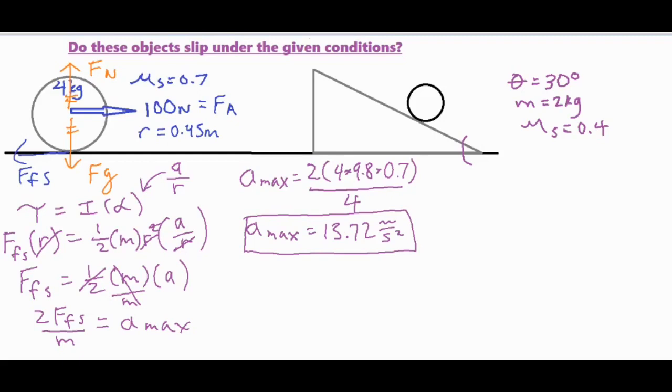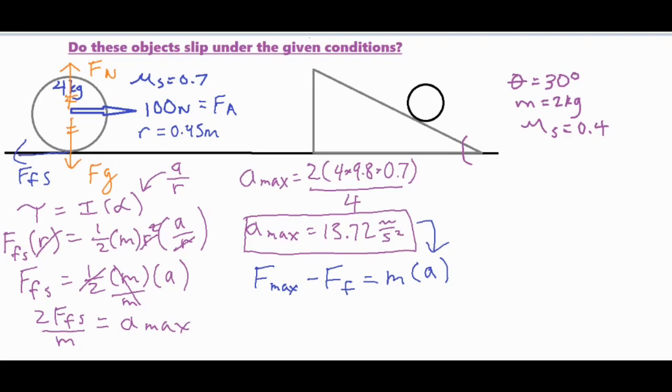Now, what we can do is find the maximum force that this disk can withstand based on this maximum acceleration. So we're going to use Newton's second law, the sum of the forces equals m times a, and it would be some kind of maximum force pulling it along minus the force of friction counteracting it equals mass times acceleration. And then that acceleration would be this one right over here that we're eventually going to plug in.